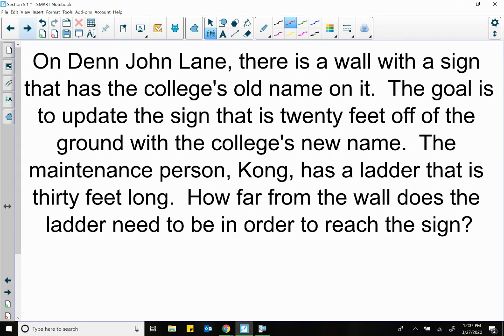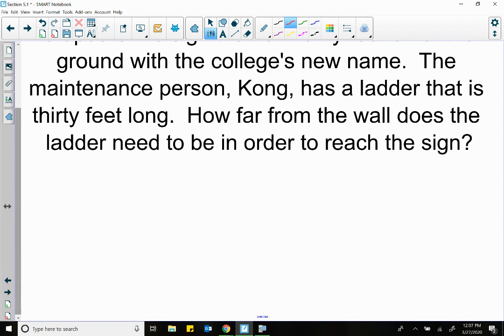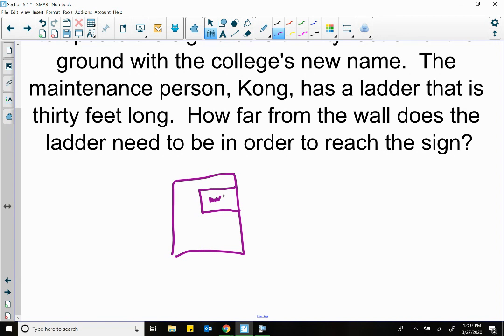Okay. So in here, it says that we've got a sign on a building. Some sort of sign on a building. There's my building. Kind of looks like a hazmat mask. Weird. All right.